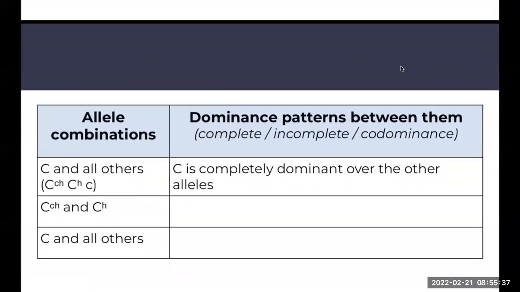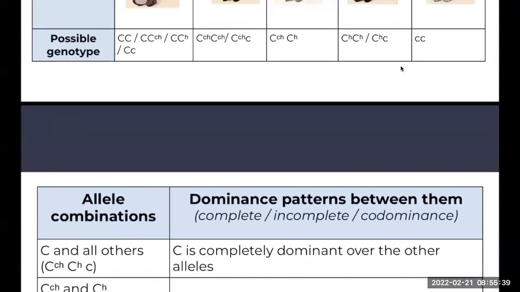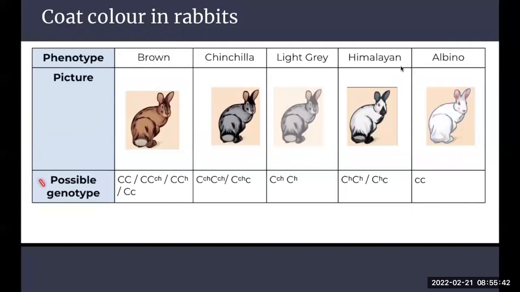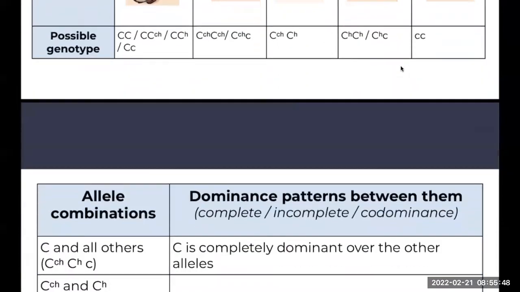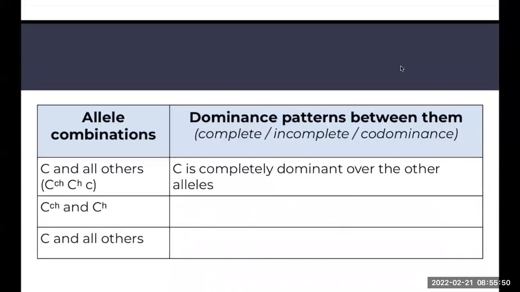I want you to observe the relationship between the possible genotypes and the phenotypes. So they're right here. And I want you to be able to sort out the dominance pattern that you can see between each of the combinations of the alleles, right? Because this is the key step to doing a multiple allele question.